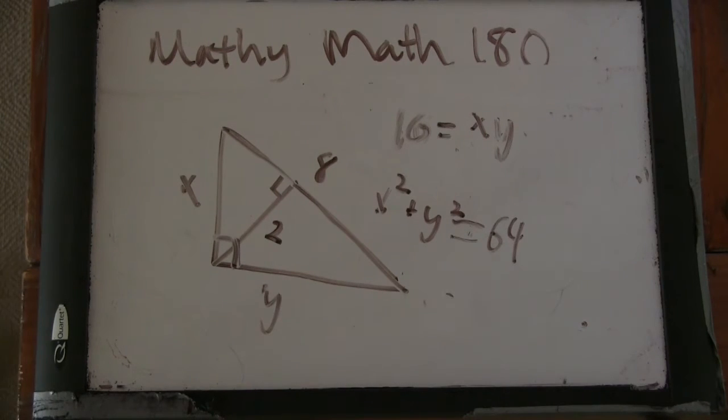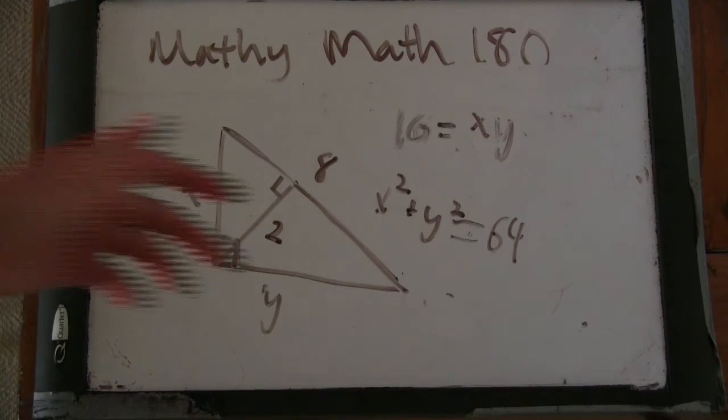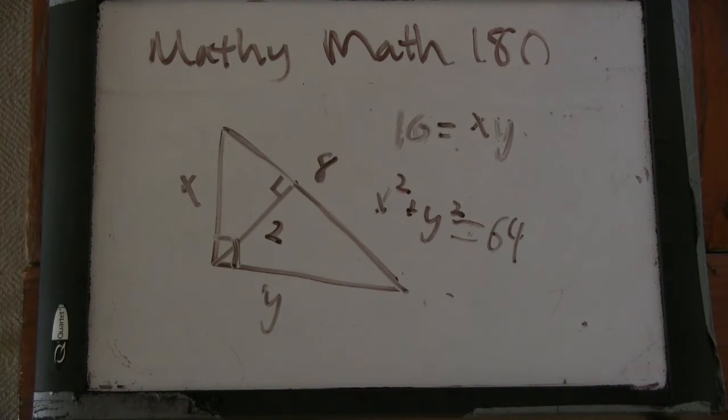But I don't see a way to get an x plus y in here. I mean, I could get an x squared minus 64, but I can't get any x plus y's because it's x squared plus y squared, not x squared minus y squared. Okay, good.